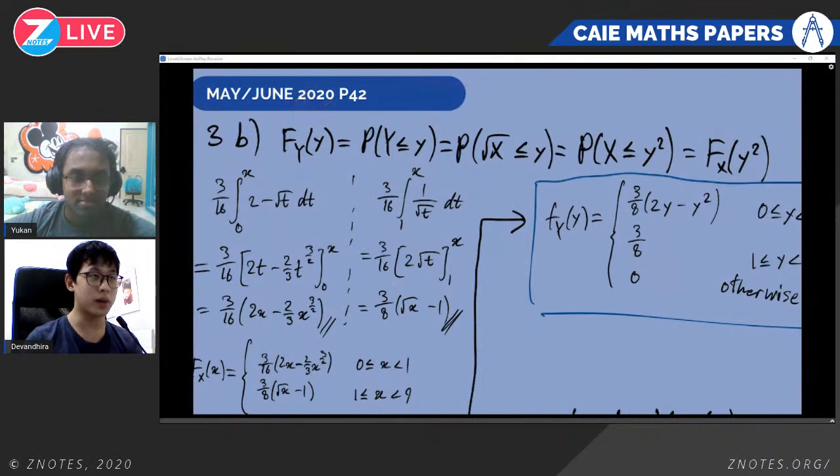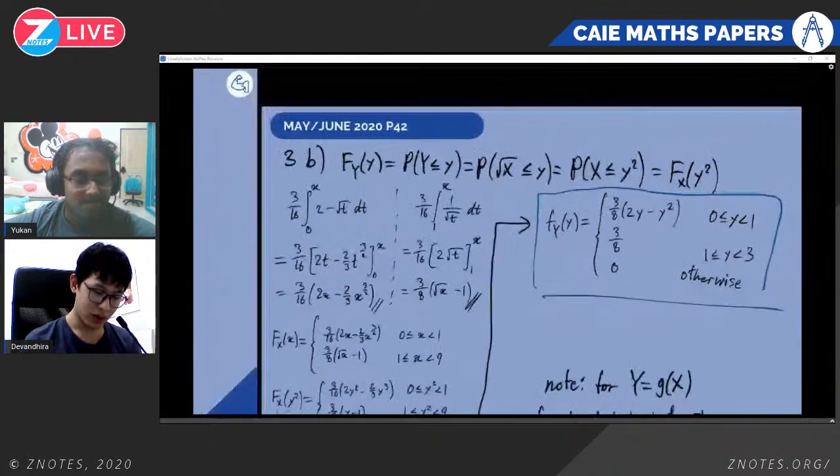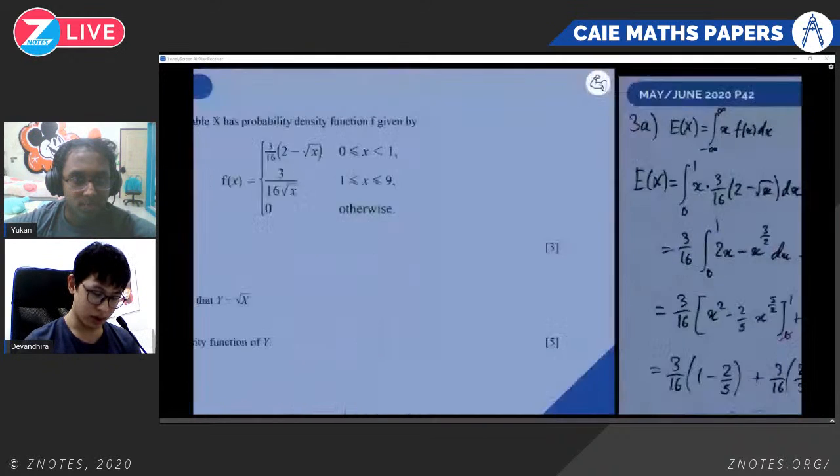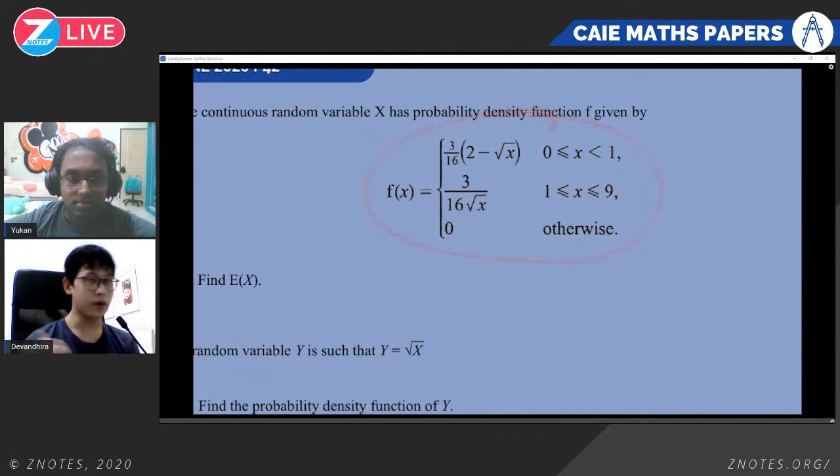Because we know what the PDF of X is, in terms of x. If you want to find the CDF, we would have to integrate, correct? Yep. All right. So let's do that.